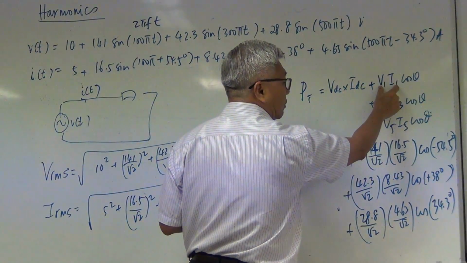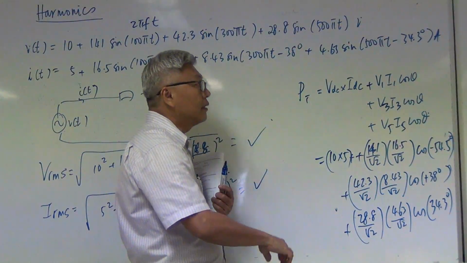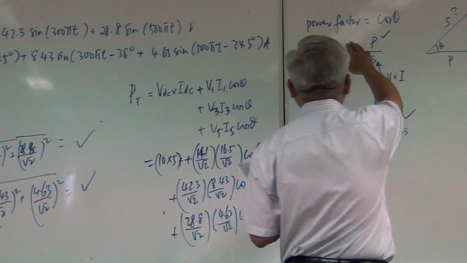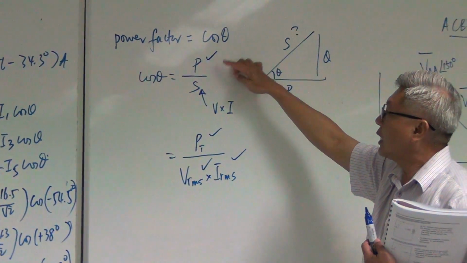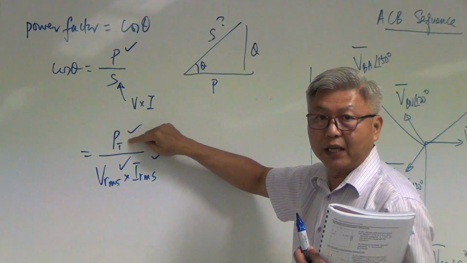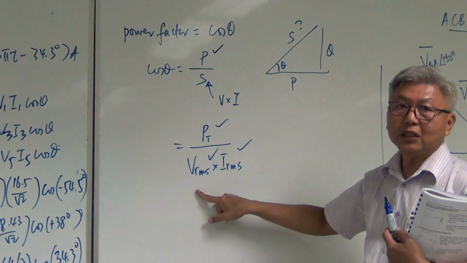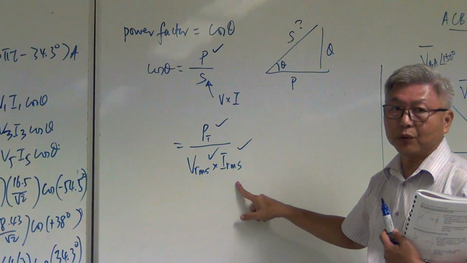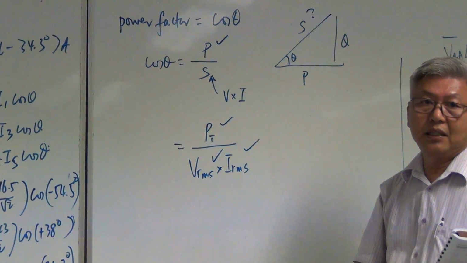What are the values of this V and I? RMS. Then how do I find the power factor of my AC system? Power factor is cosine theta, equal to P divided by S. Have I calculated P? Yes, the VI cosine theta, a string of them. And my S is total V multiplied by total I. Both must be in RMS.